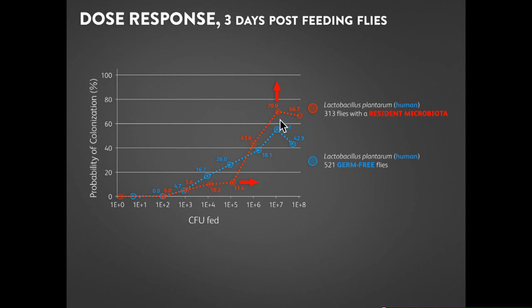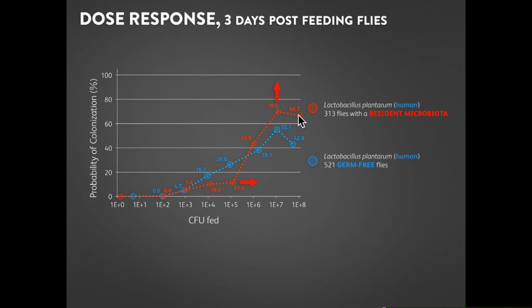Also, the curve is shifted up, which reflects a reduction in the strength of the bottleneck. We are not completely sure why that is, but some clues would be the strength of the immune system.